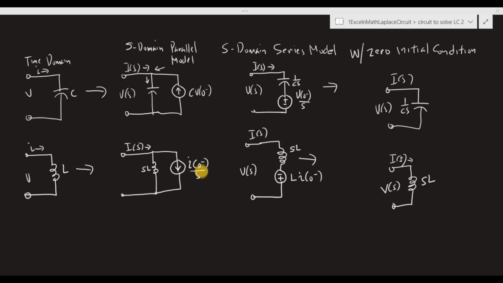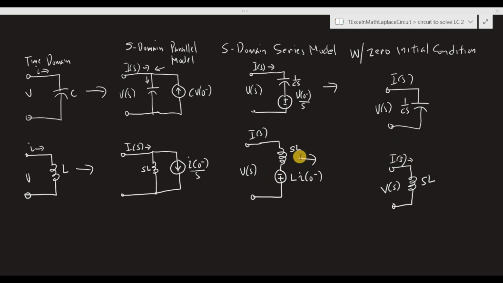So 0 divided by S equals 0. It means that this current source is 0. So if the current source is 0, it will behave as an open circuit, and this circuit will reduce to this form.